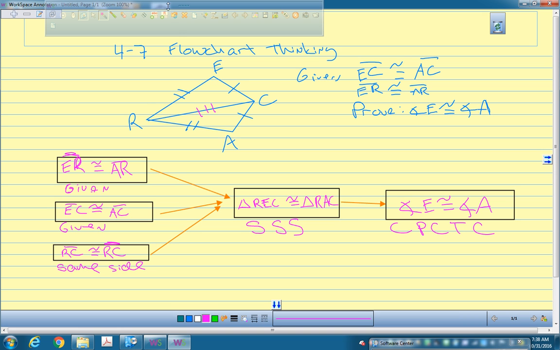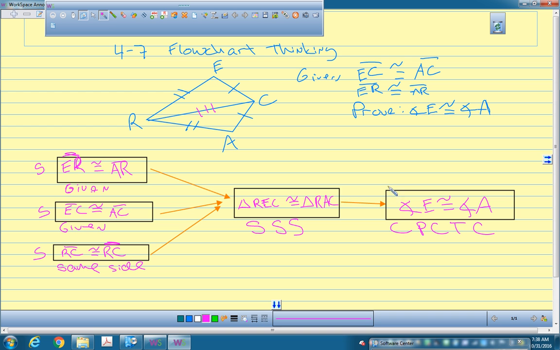Get it? Okay? So I put together my three pieces. And if you like, you can put, here's a side, here's a side, here's a side. That kind of helps you. I need three things to prove triangles are congruent, and then I could say CPCTC, corresponding parts of congruent triangles are congruent.